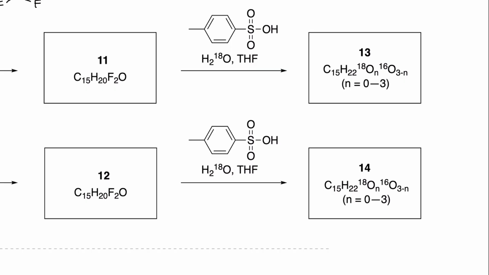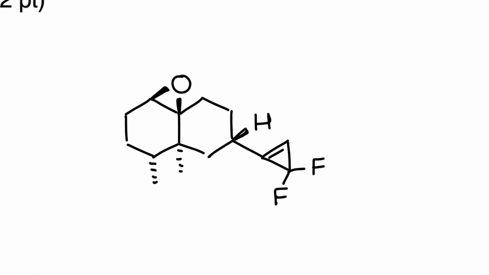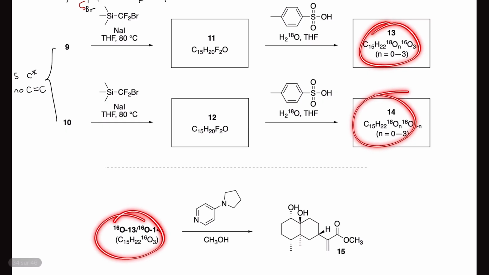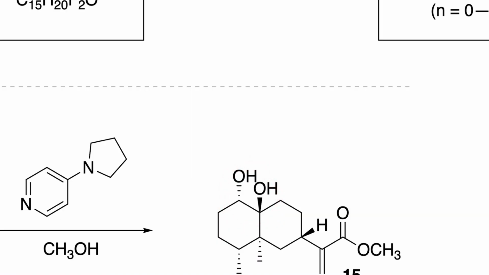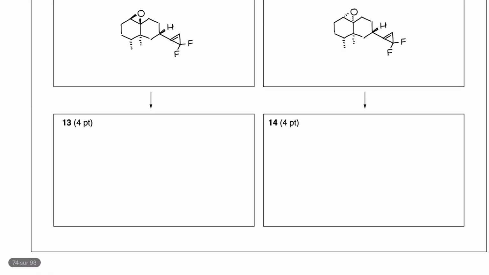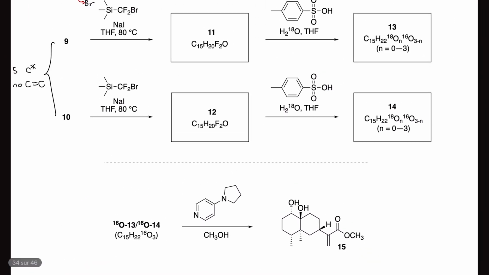And the thing here is, it also tells us where the water will attack, because they say that 13 and 14, upon reacting with a base and methanol, will give you this stereochemistry. So it's telling me that the site of the attack of 13 and 14 are different, but it will yield the same product, meaning to say that 13 and 14 essentially have the same stereochemistry.